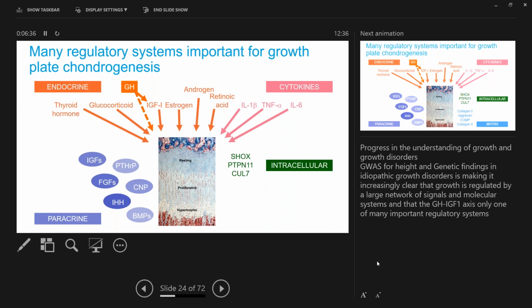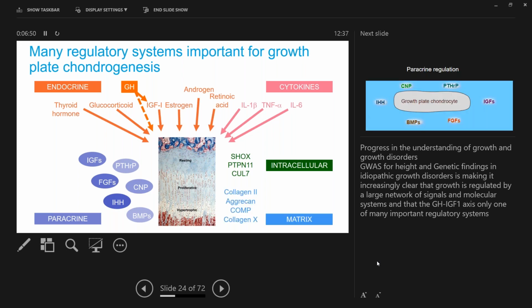And there are even more intracellular factors, so processes within the chondrocytes that, if not functioning optimally, the children will not grow optimally. And then finally, the extracellular matrix. So there are interactions between the extracellular matrix and the cells that are very important to the function of the growth plate. So let me exemplify a couple of these.